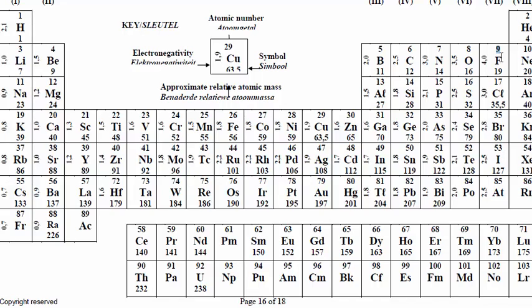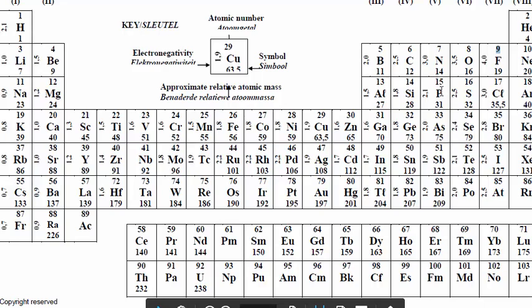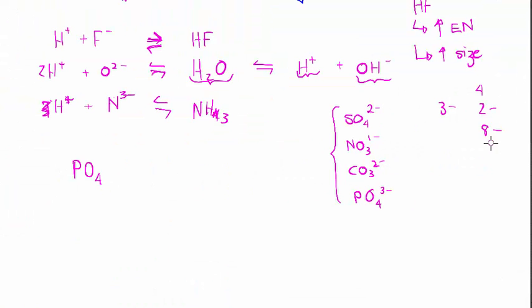So for example, phosphorus, if it's bonded to oxygen, is PO4 because it bonds to 4 oxygens. It's in the 4. And then the charge is fairly simple because phosphorus needs 3, so phosphorus has 3 extra electrons.